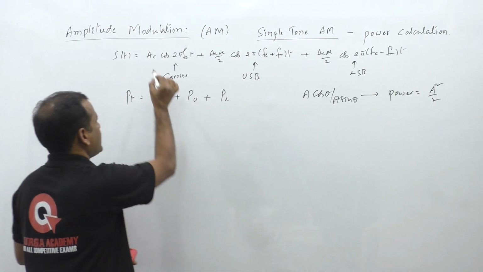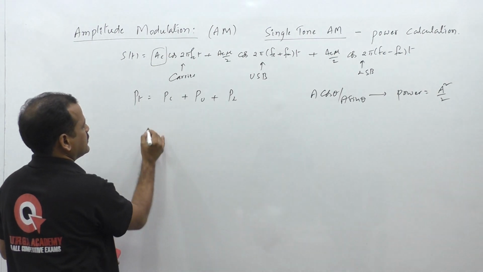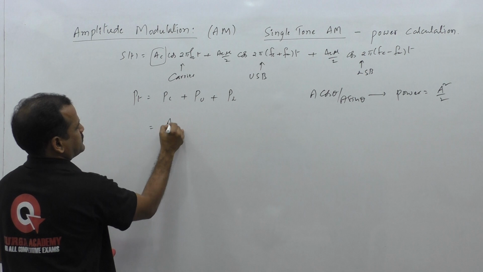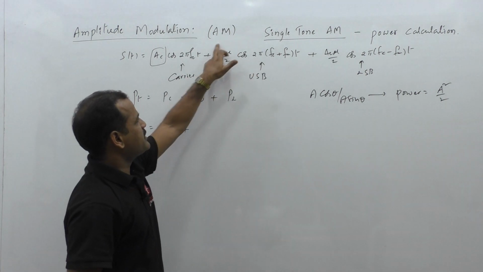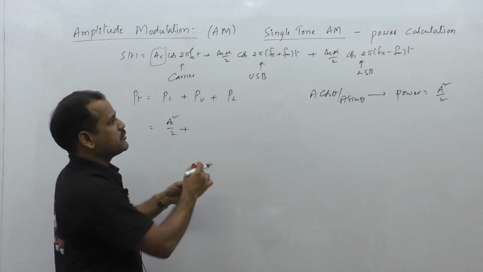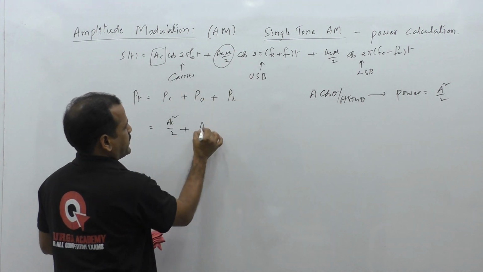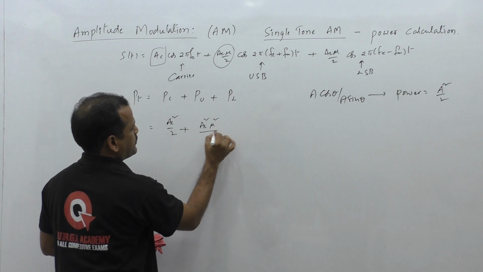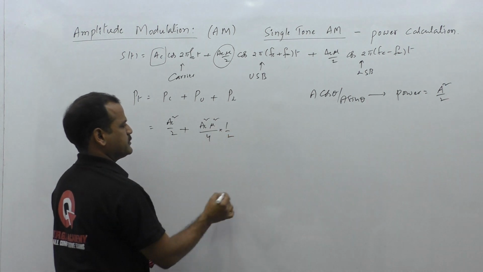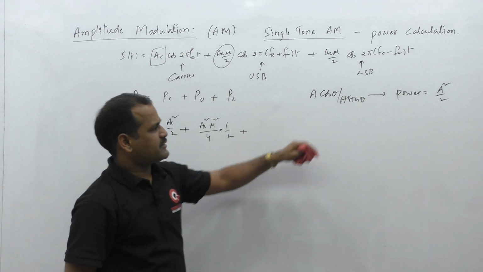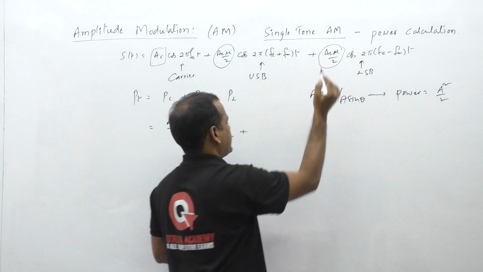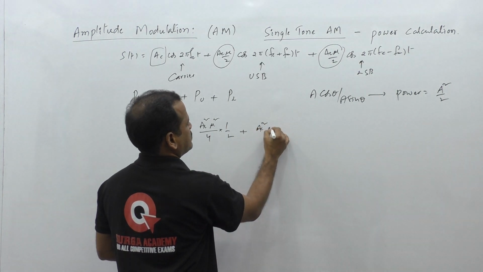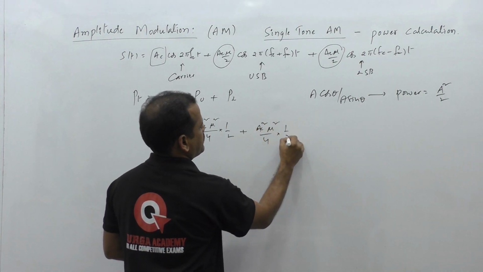So here the first signal amplitude is Ac, so the carrier power is Ac square by 2, and the upper side band is having the amplitude Ac mu by 2. So let us take amplitude square, Ac square mu square by 4, divided by 2, and then the lower side band is having the power component equal to amplitude square, that is Ac square mu square by 4, multiplied by 1 by 2.